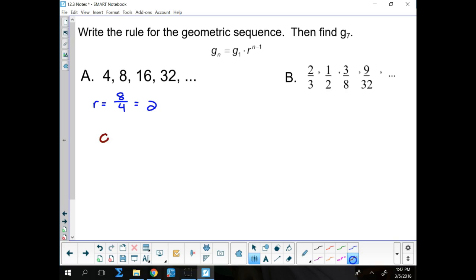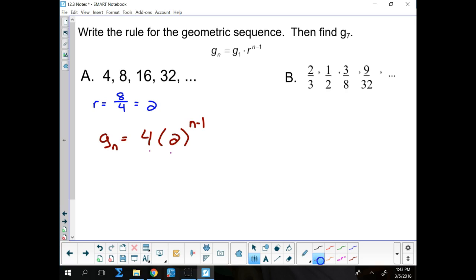g sub n is equal to my first term. What's my first term? 4. Now I use parentheses. Okay. So the 2 is going to go in the parentheses, and then n minus 1 is going to go in the exponent spot. Now, fight the urge between multiplying these two numbers.